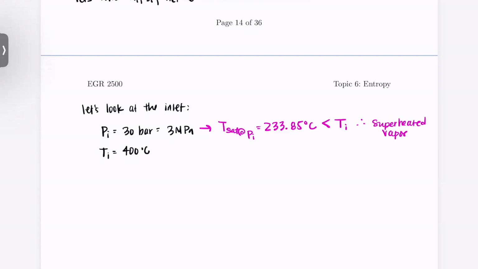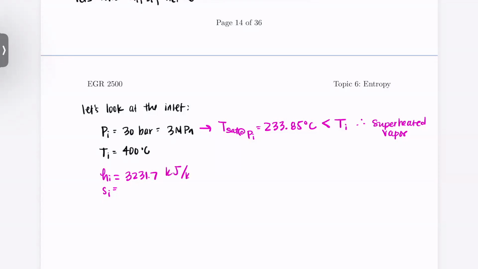All right, so we can use that superheated vapor table in that pressure cell to find hI and also sI. If I go to that pressure cell and then to the temperature of 400, we find that the enthalpy is 3231.7, is that right?